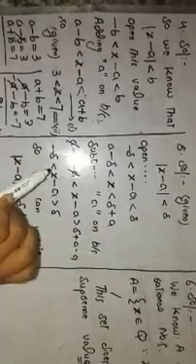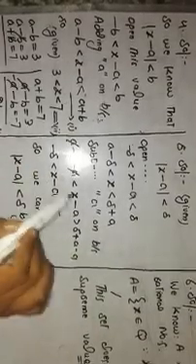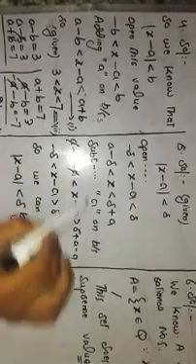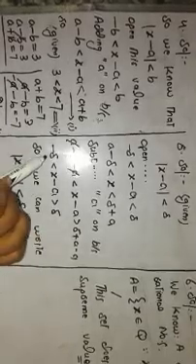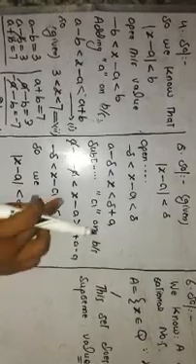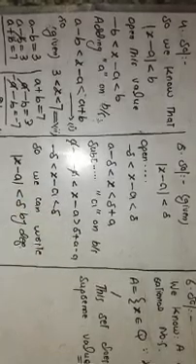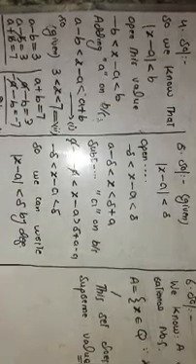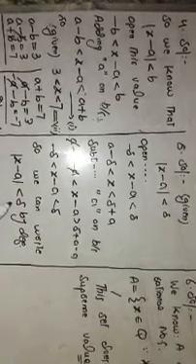Subtracting a on both sides, we get the final equation: minus sigma less than x minus a, which is less than sigma. So we can write this by the definition as the absolute value of x minus a less than sigma.